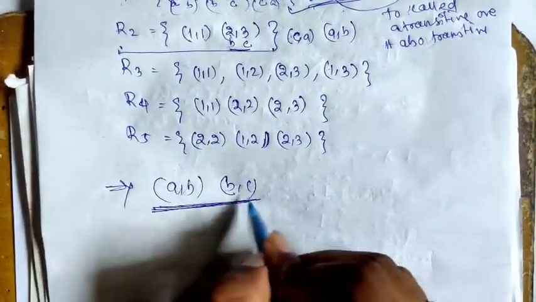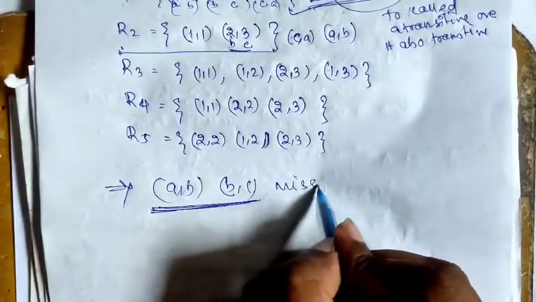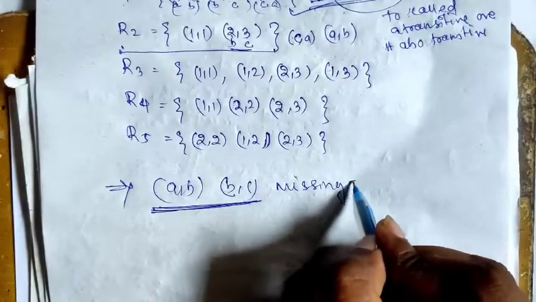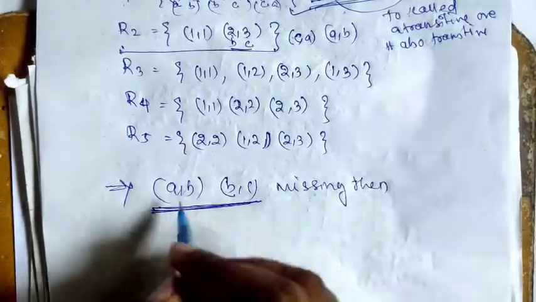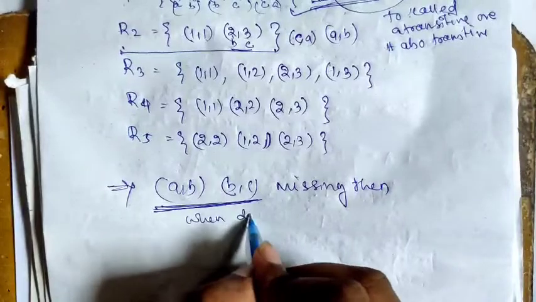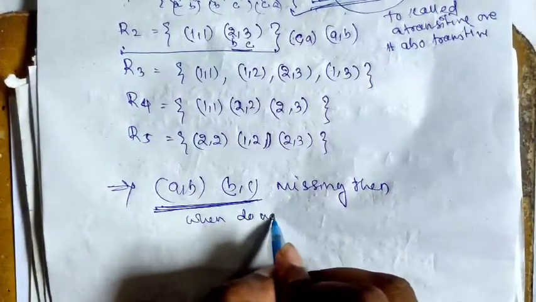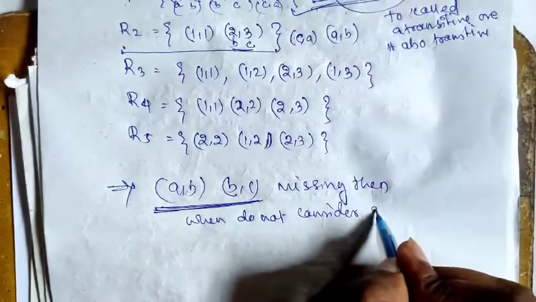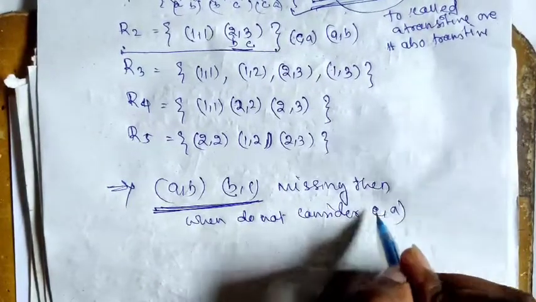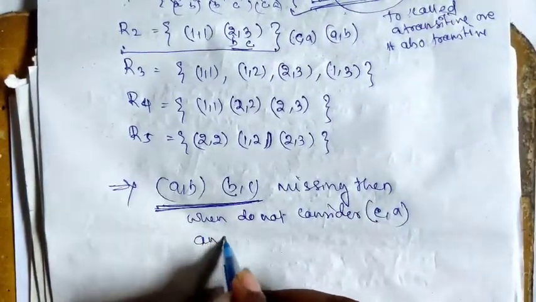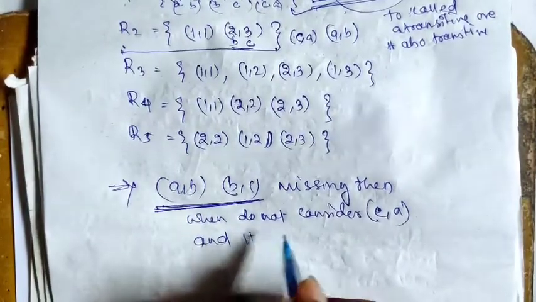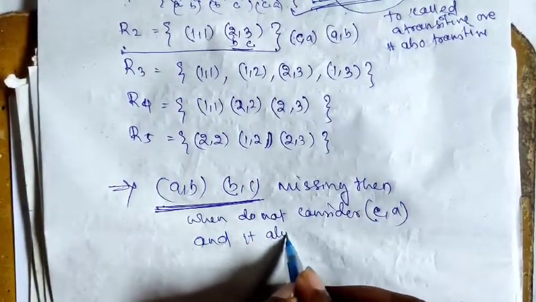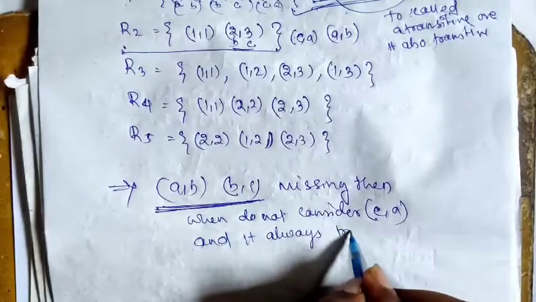If these two order pairs are missing, then we do not consider CA and it is always transitive.